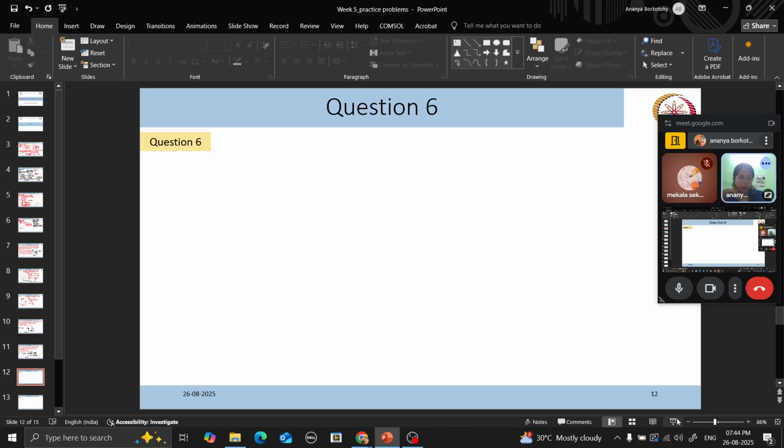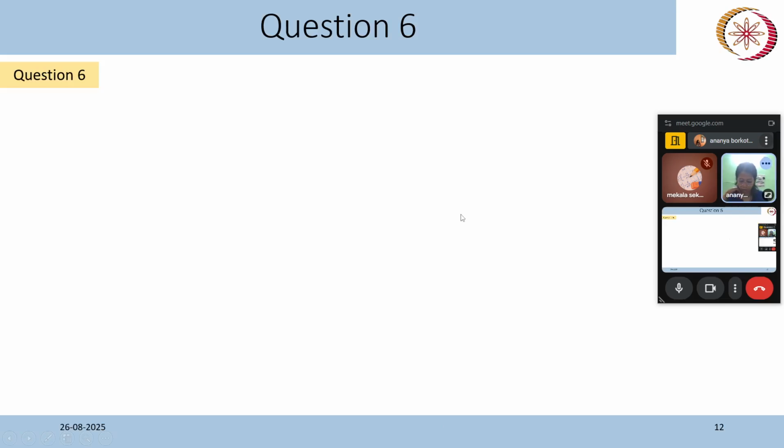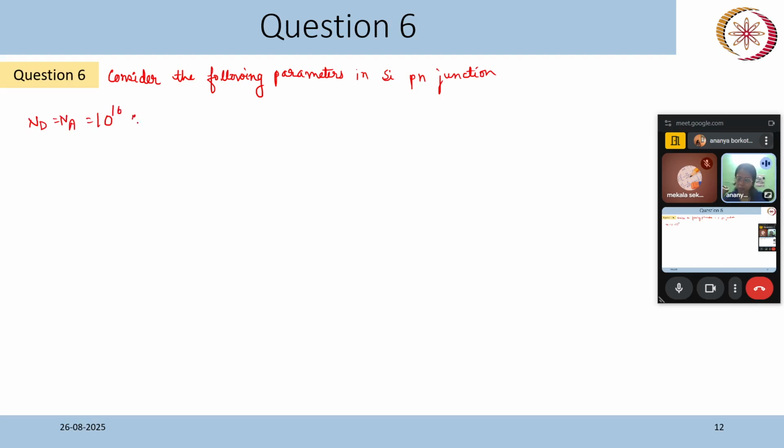We can do one or two more questions. So ND equal to NA equal to 10 to the power 16, that is given.